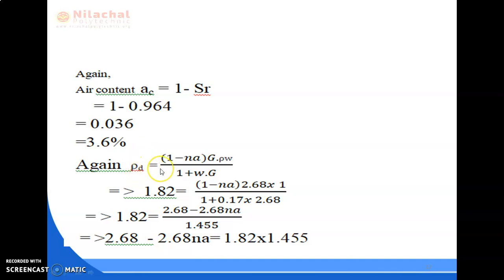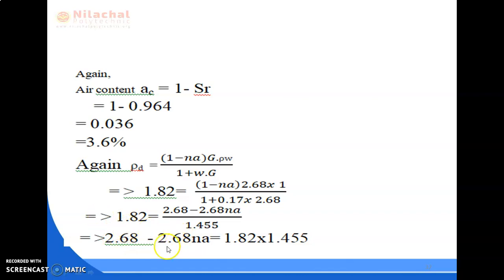Again rho d equal to another formula we know, (1 minus na) G rho w by 1 plus wG. So rho d equal to 1.82 equal to (1 minus na) 2.68 into 1 by 1 plus 0.17 into 2.68. But na is unknown, we keep it as a variable here. So after calculation, 1.82 equal to (2.68 minus 2.68 na) divided by 1.455.